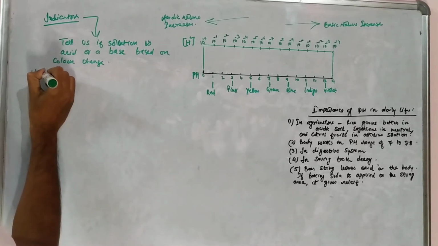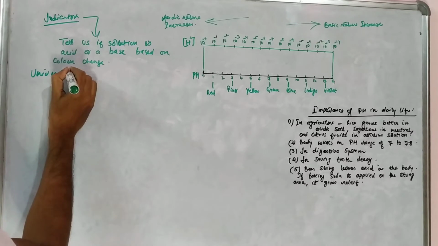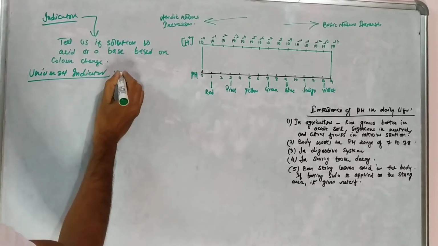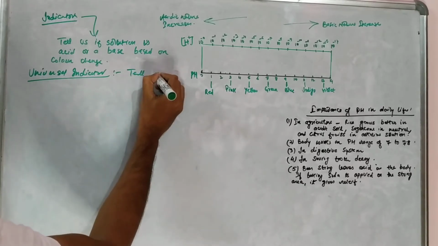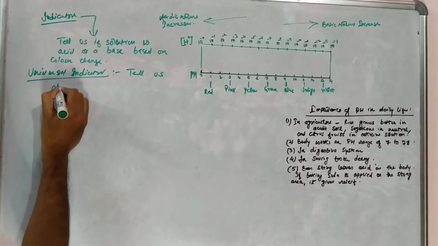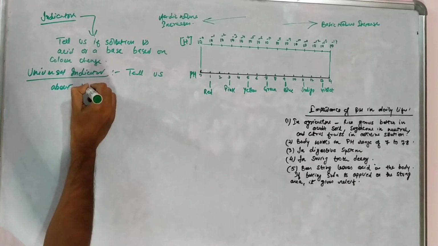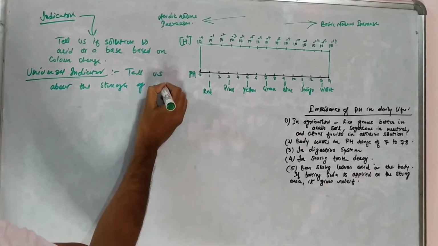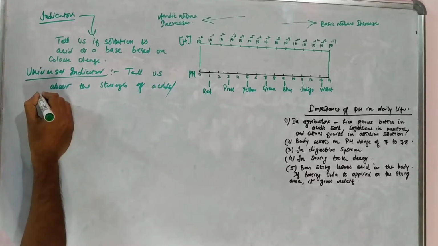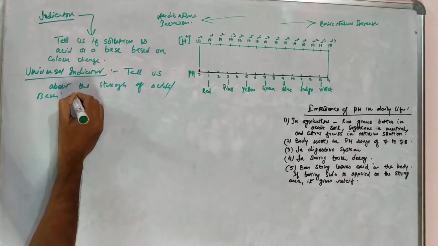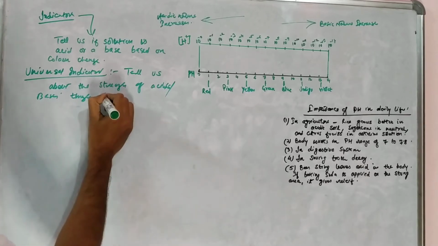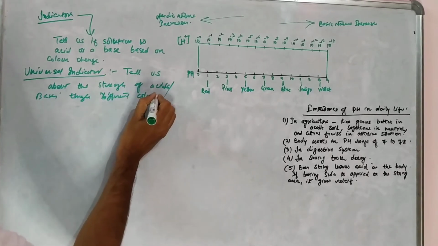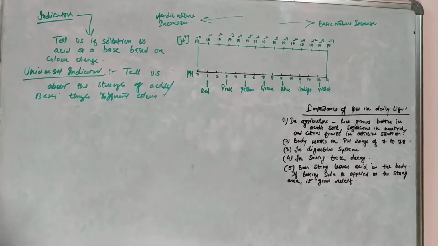Universal indicator will tell us about the strength of acids and bases through different colors.